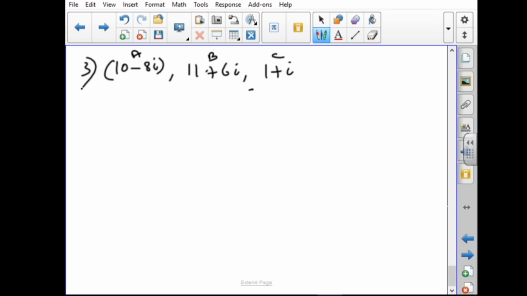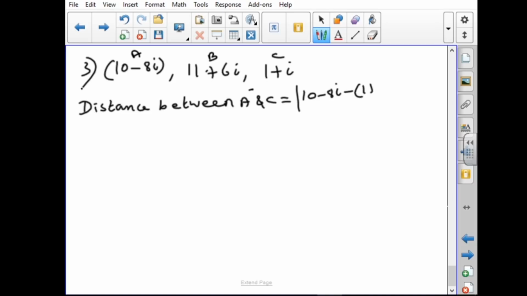So now we will find the distance between A and C. We have already seen that distance between two complex numbers Z1, Z2 is equal to modulus of Z1 minus Z2. So this is modulus of 10 minus 8i minus (1 plus i).